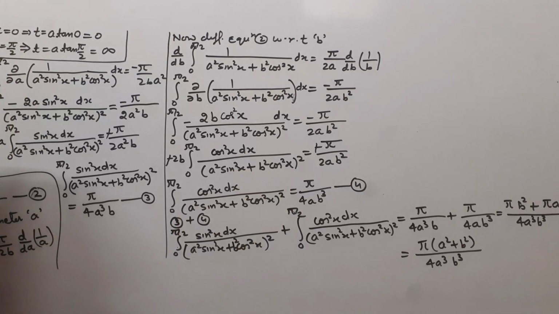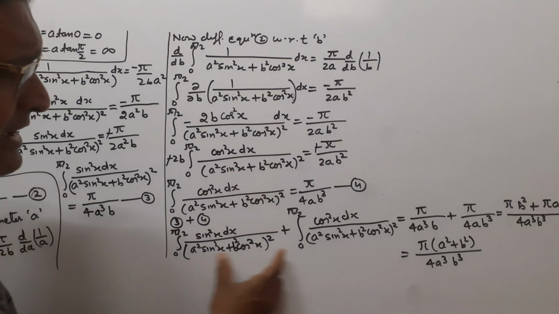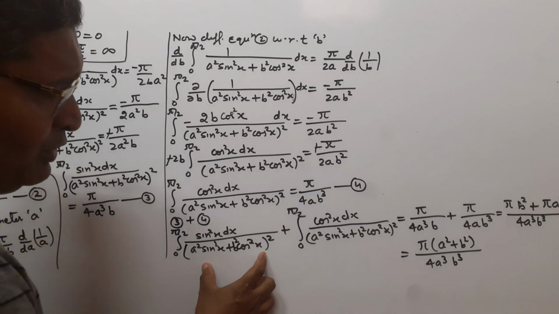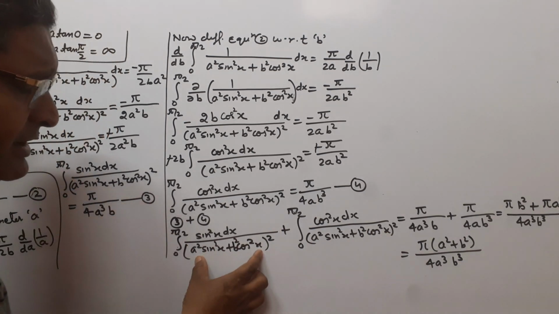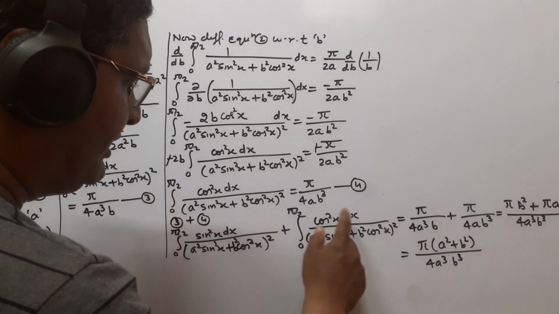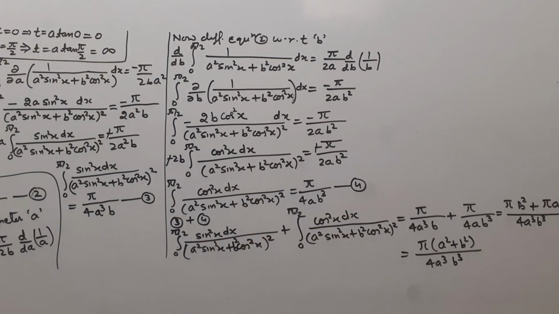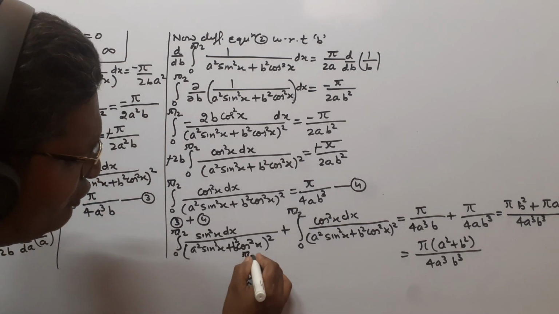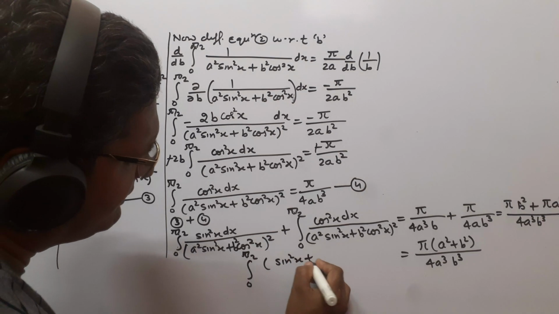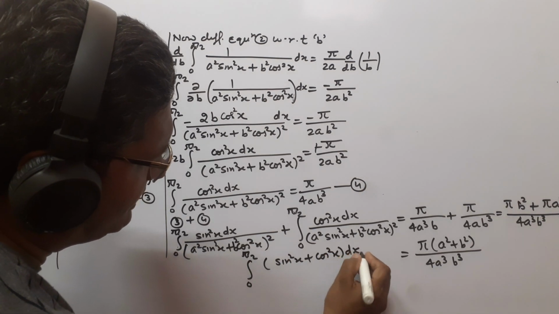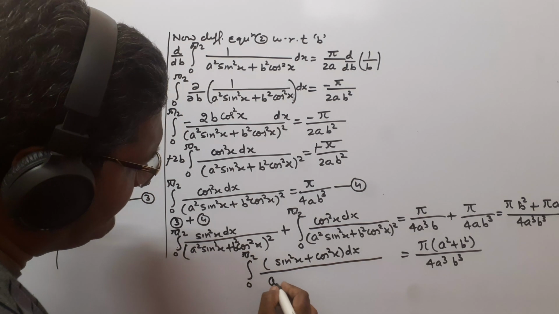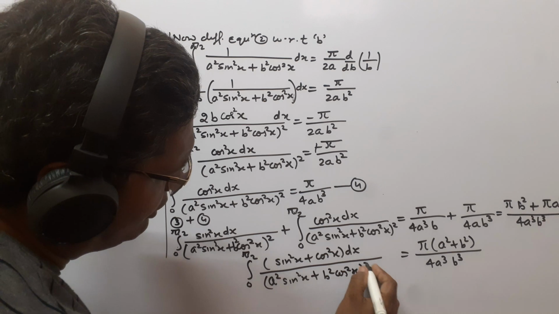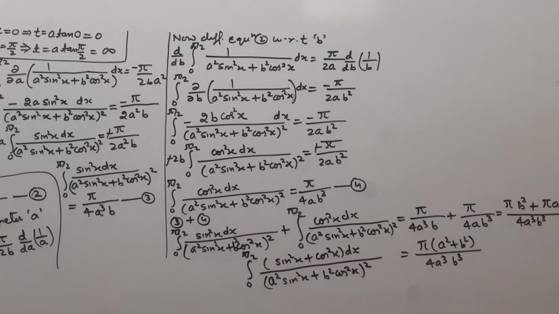Now on the left-hand side we can see that both the integrals have the same limits 0 to π/2, and in both the integrals the denominator is the same. So the numerators will be added. So we can write here on the left-hand side the integral from 0 to π/2 of (sin²x + cos²x) dx divided by (a² sin²x + b² cos²x)².